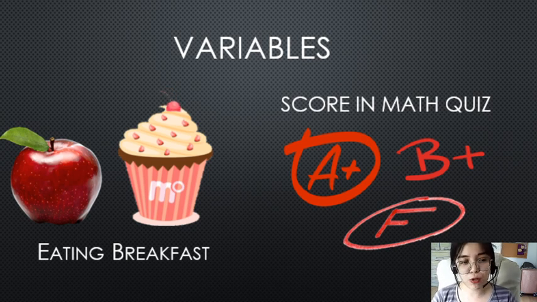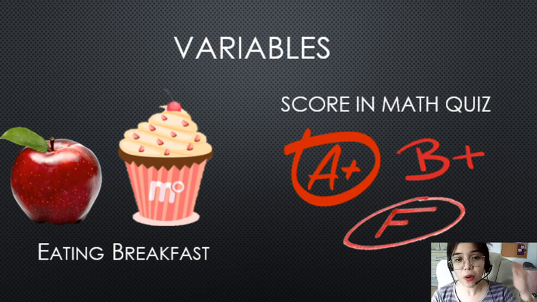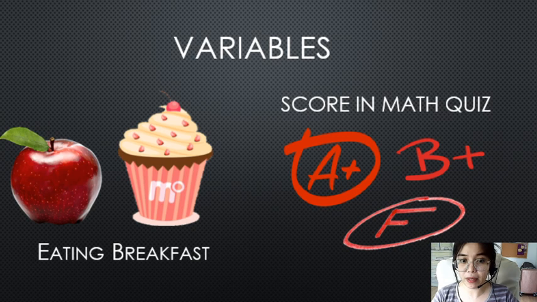But kapag yung estudyante na kumakain nga ng breakfast pero hindi naman healthy foods, most probably hindi niya ganon maximize yung brain niya during maybe nung quiz nila. Kaya most probably he or she will be getting a B plus or yung pasado pero hindi mataas yung score.